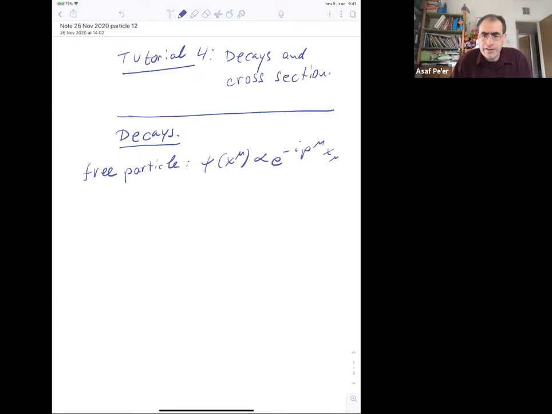And if you're in the center of mass, then the spatial components are 0. So we have psi of t proportional to e to the minus i m_0 t. I assume you're familiar with that. Am I right?